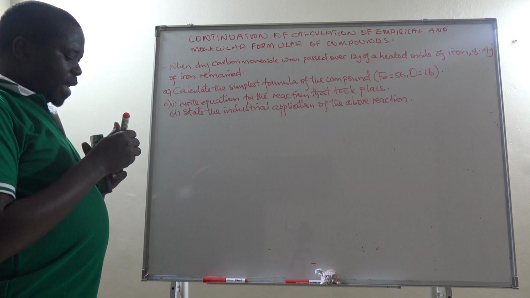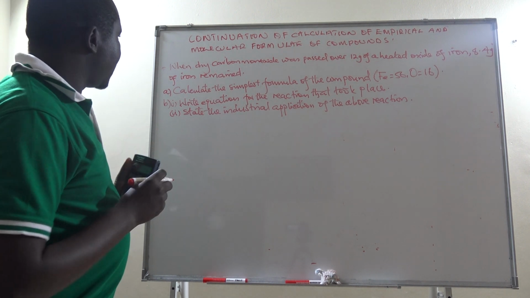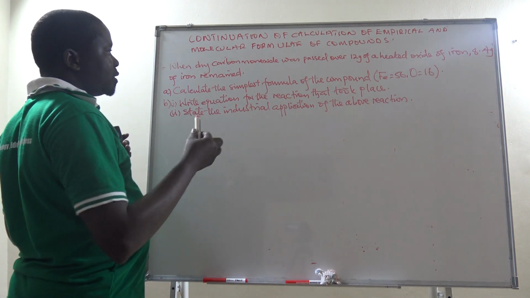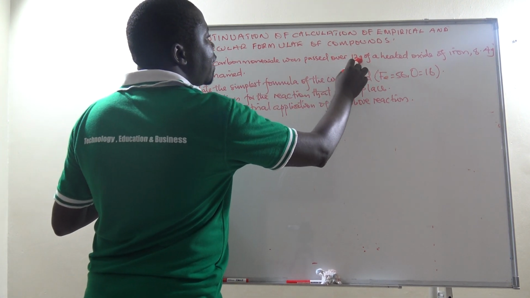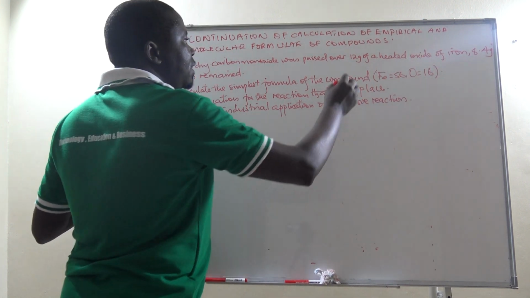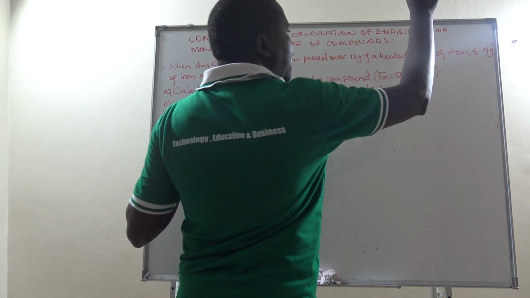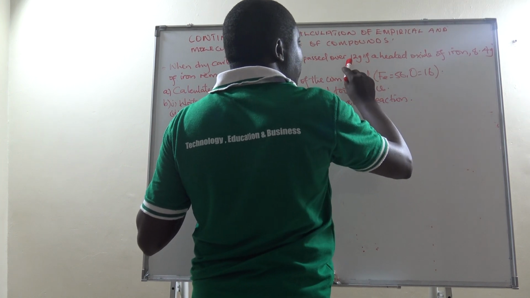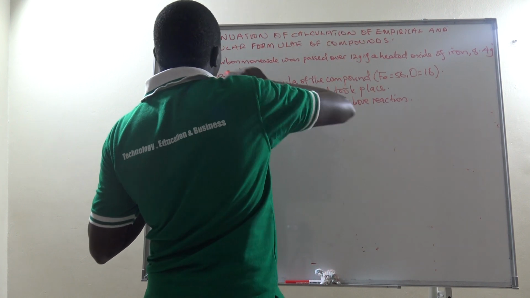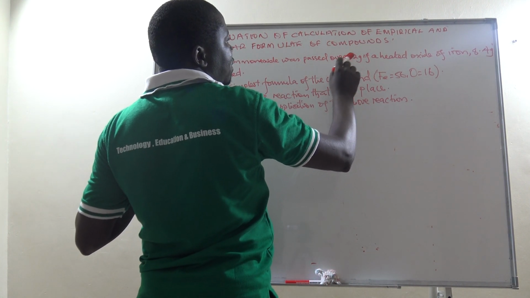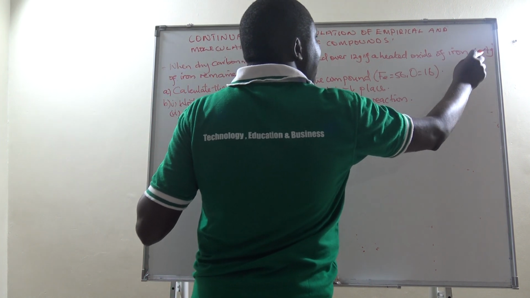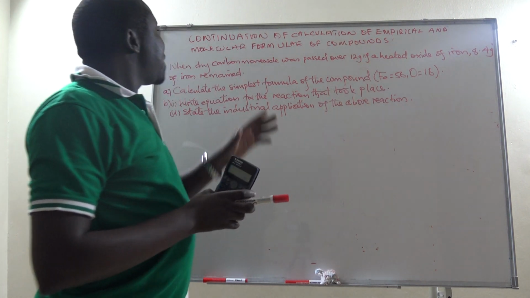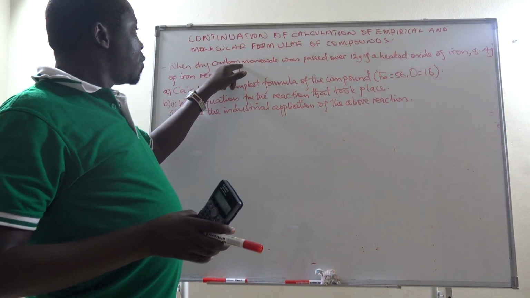Now we are going to seriously think. We have been given that dry carbon monoxide gas was passed over 12 grams of a heated oxide of iron. This is the combined mass of the oxygen in this compound and the iron which has combined with the oxygen. The total mass is 12 grams. We must understand the role played by carbon monoxide in this reaction.